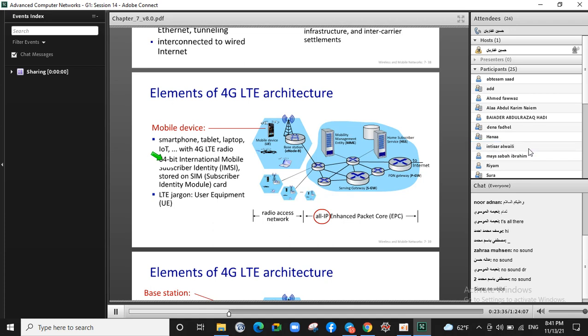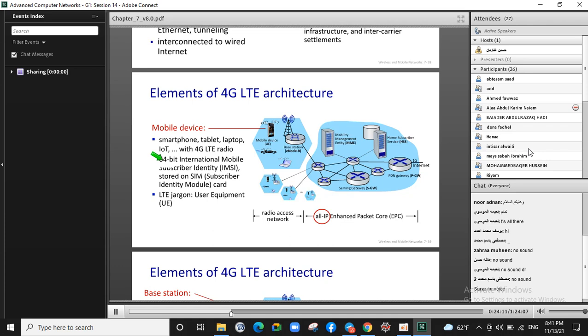Excuse me for that. Okay, so I'm using two identifications in my cell phone. The first one is the IMSI, which is something like a MAC address. The IMSI is placed in my cell phone, and when I'm connecting to a mobile cell phone network, the network can identify my cell phone device using that IMSI.